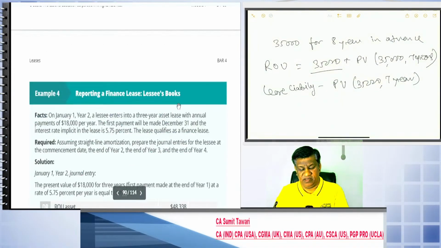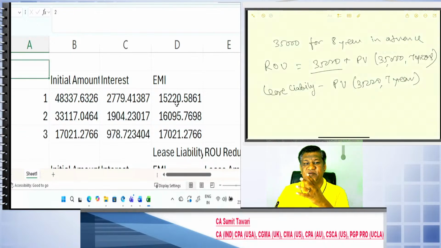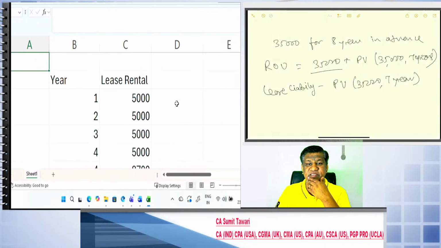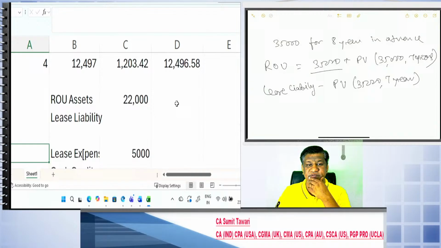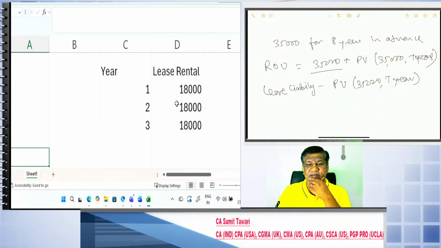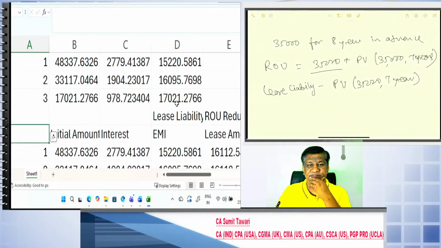So see, are you clear with this concept? But okay, you have not seen the screen, so it is difficult for you people to say. Okay, I'll try to explain once again.